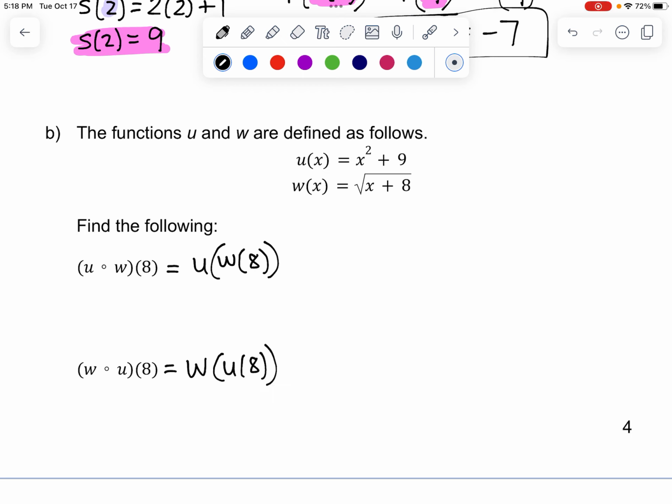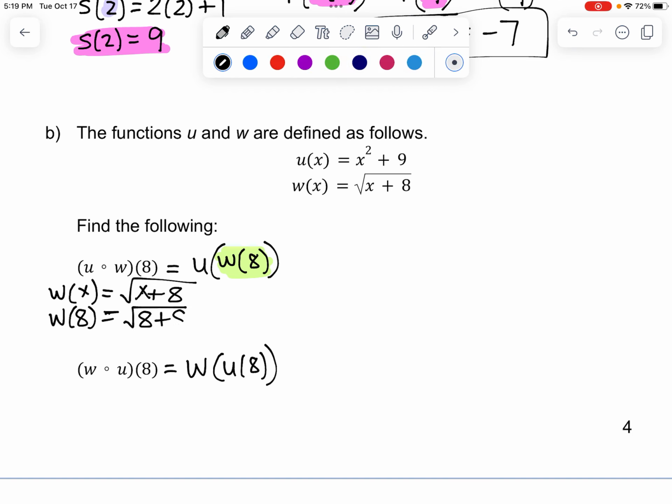And so remember, for both of these, what you want to start with is finding the inner part of the function. So if I know that w of x is the square root of x plus 8, and I want to find w of 8, which is what this problem is asking me to do, I'm going to put an 8 in for x.